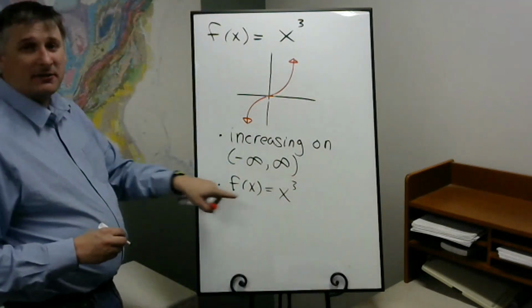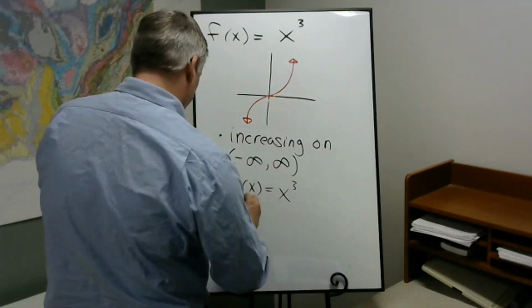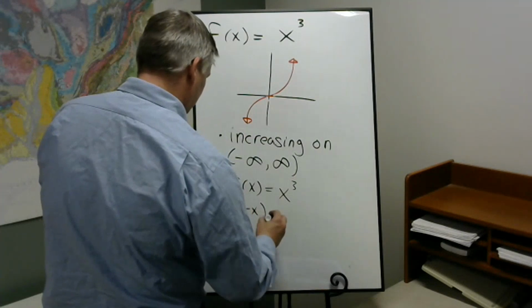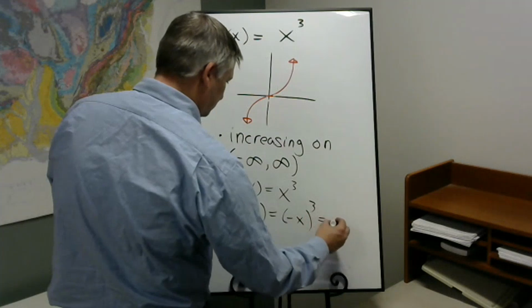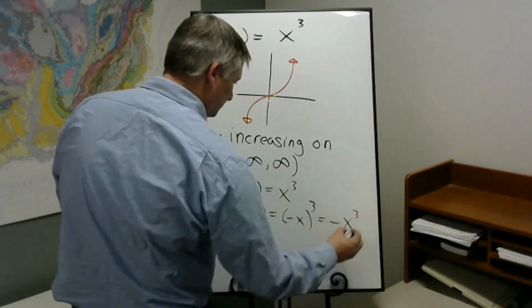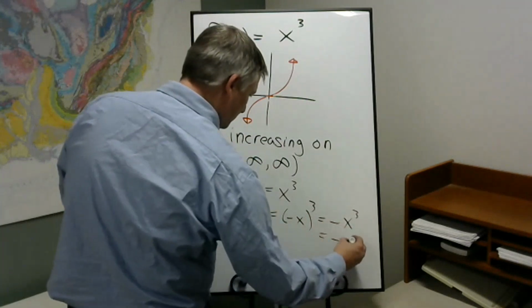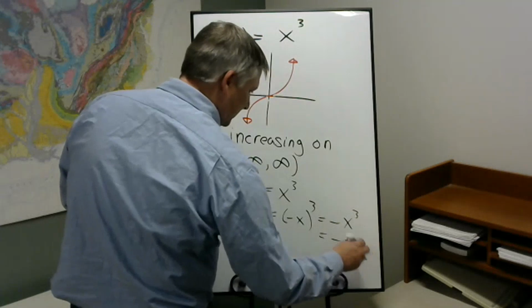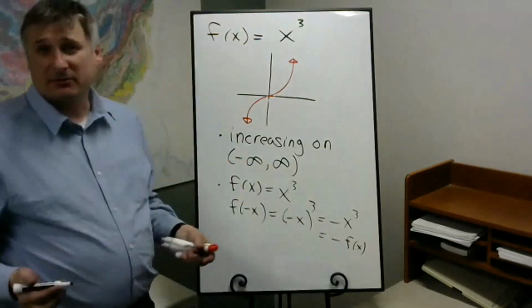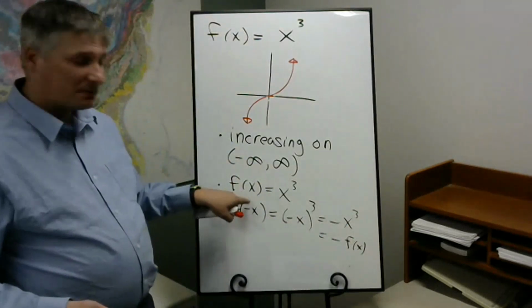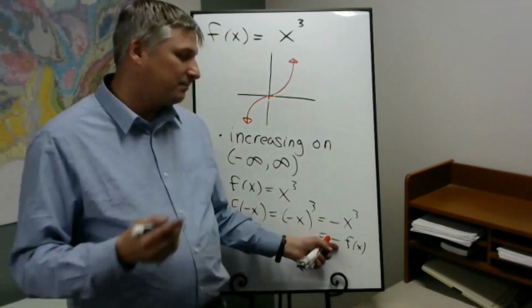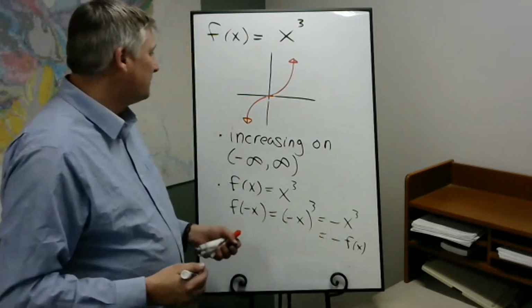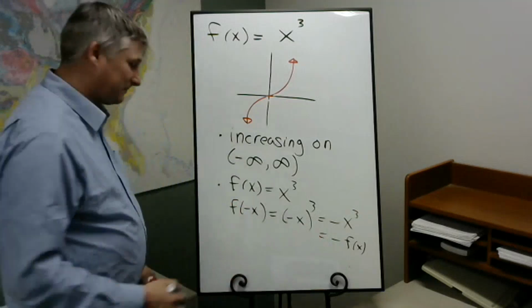Now, for its symmetry, if we plug in negative x, because remember, x cubed by itself is f of x, this means when the minus sign pulls through like this, it's symmetric about the origin.